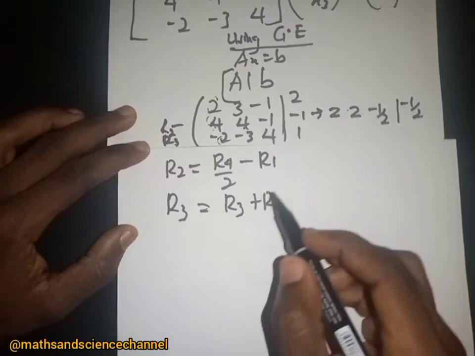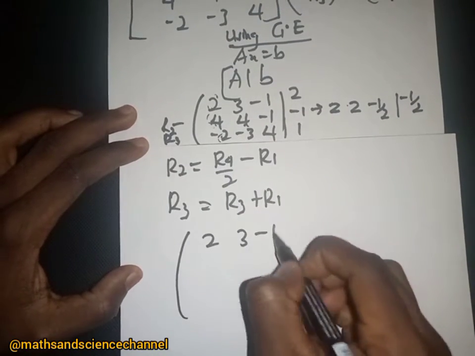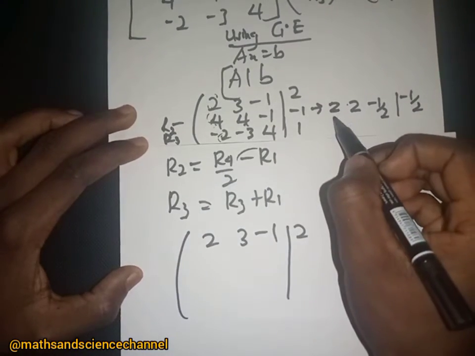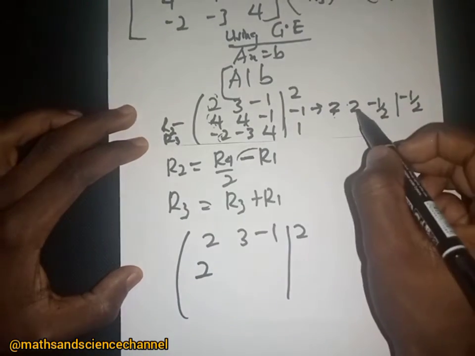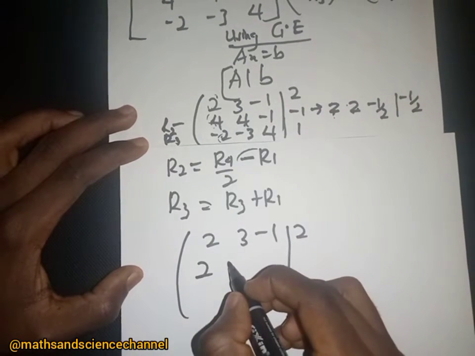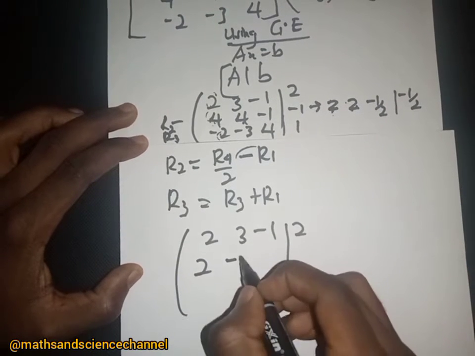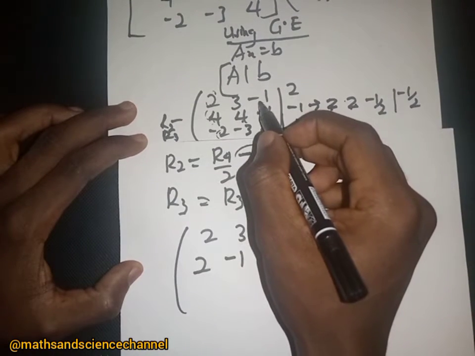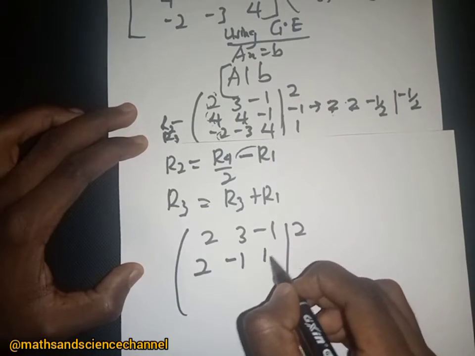Just r3 plus r1. So doing that, the first row will still be the same. The second row we said is that, and so we have 2 minus 2 here, this minus here, so 2 minus 3 here goes to -1, then we have -1 minus 1 here, and we are just going to get 1 over 2.